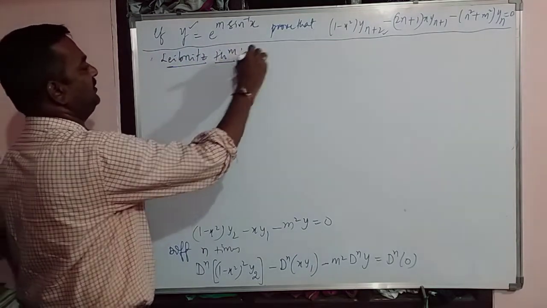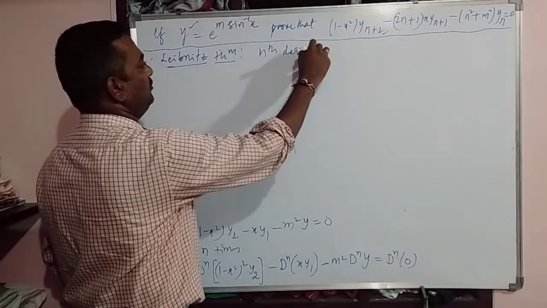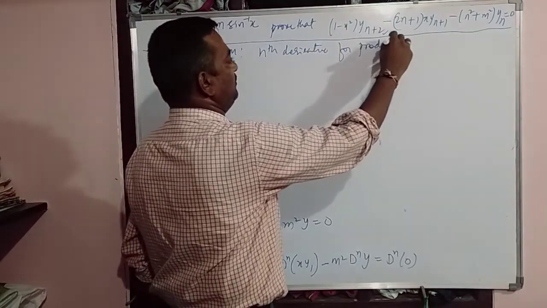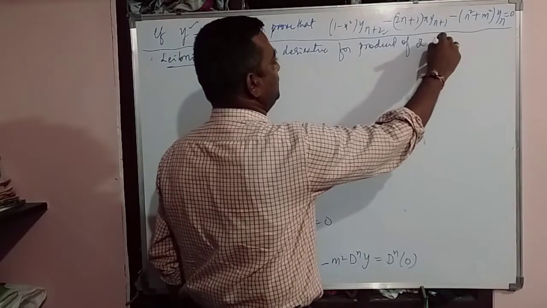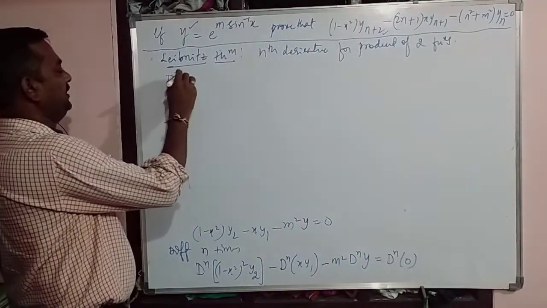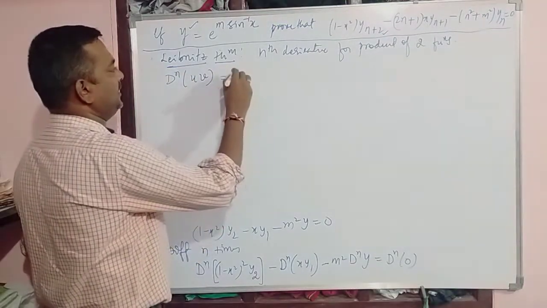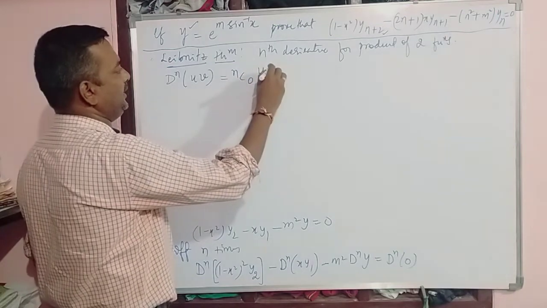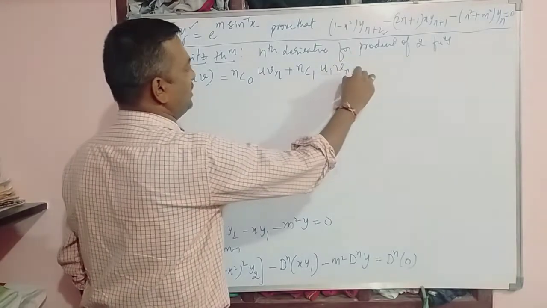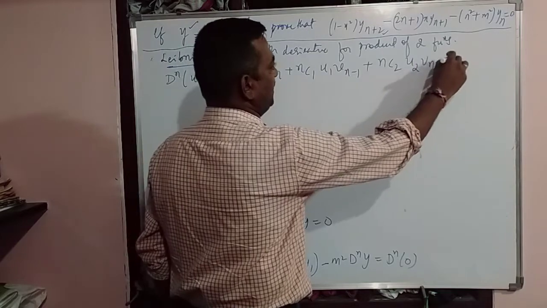Leibnitz theorem for the nth derivative of a product of two functions, that is, the nth derivative of uv is nC0 u vn plus nC1 u1 vn minus 1 plus nC2 u2 vn minus 2 plus and so on.